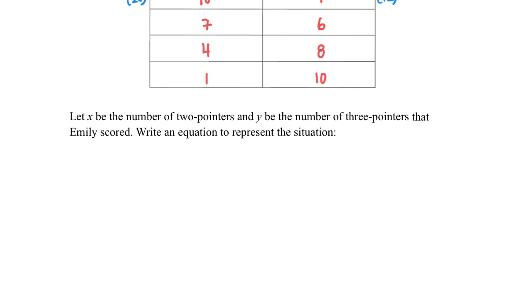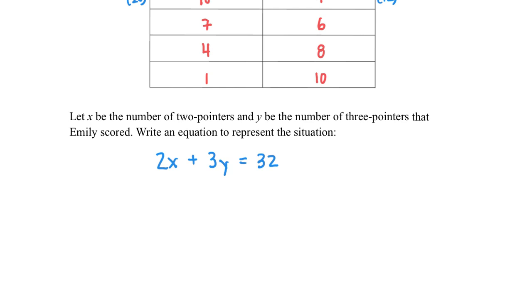So what did we do here? We took the number of 2 pointers and multiplied that number by 2. We took the number of 3 pointers and multiplied that number by 3, added those together, and that had to equal 32 points.